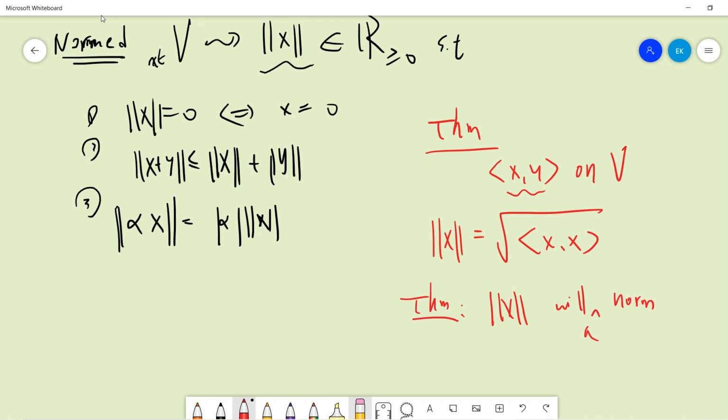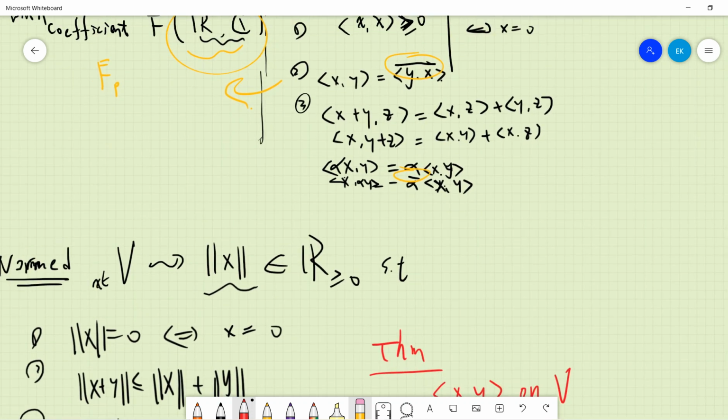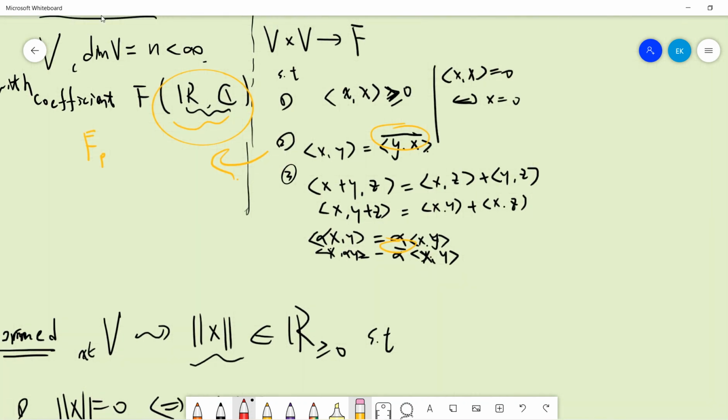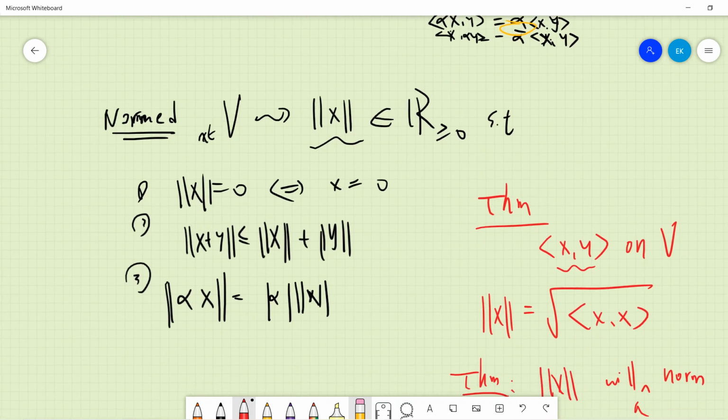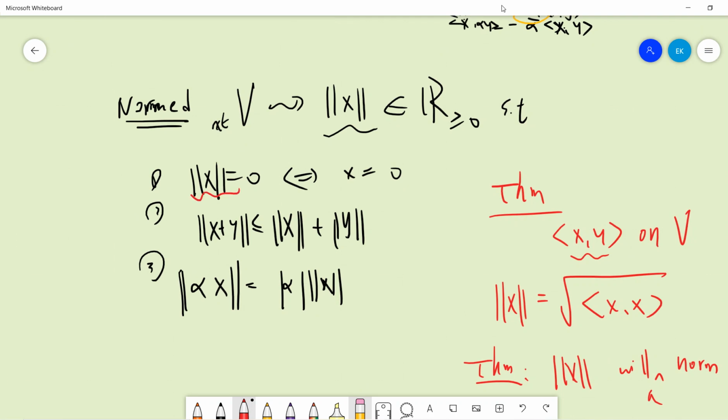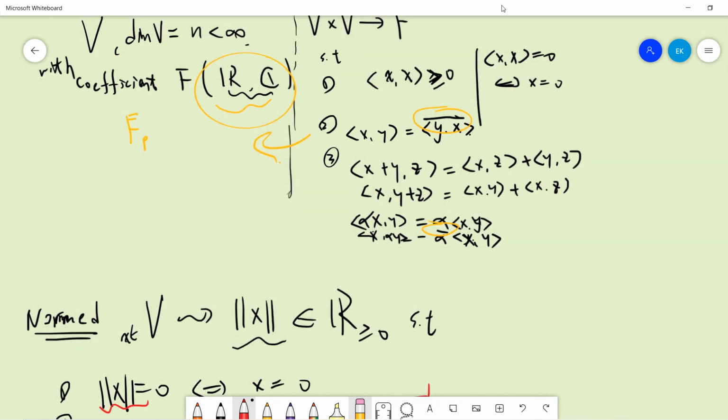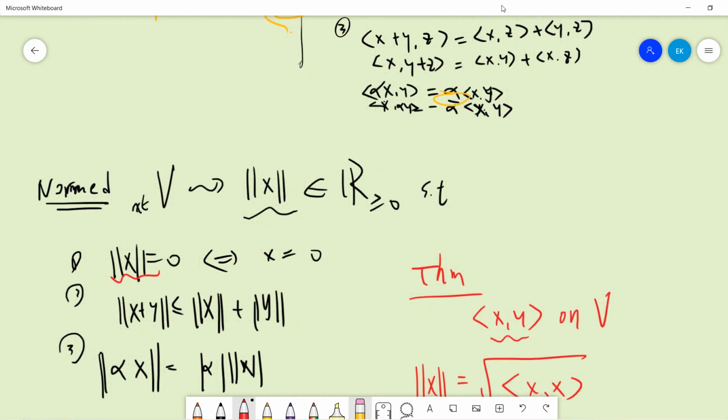This is easy, because the first requirement gives you the first norm requirement. If the norm is 0, that means the inner product of x with itself is 0, but the rule says that then x must be 0, so that's okay. And the triangle inequality can be proved by the Cauchy-Schwarz inequality. I will leave the Cauchy-Schwarz inequality proof in the comments below, so you can check.